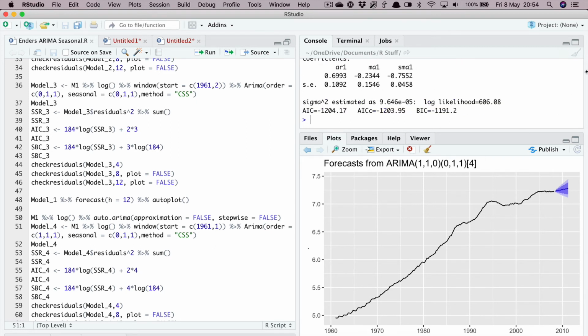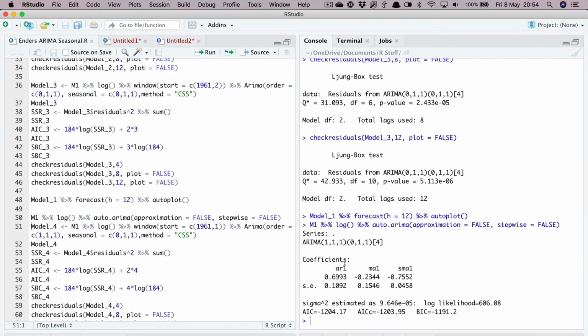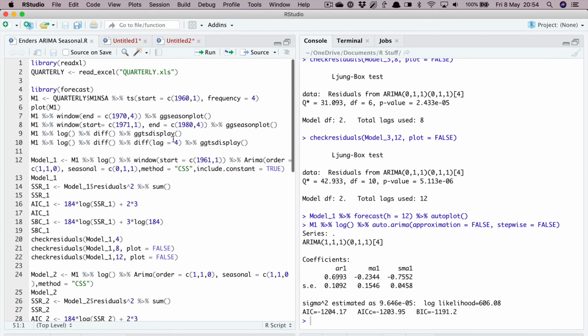we get this. Now notice that it has in fact decided that the best model is 111011, which is different from Model 1 of Enders, which, if we go back to it here, was a 110011. This is a 111011, so it's slightly different.